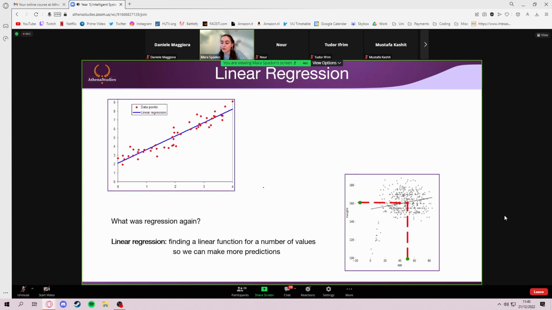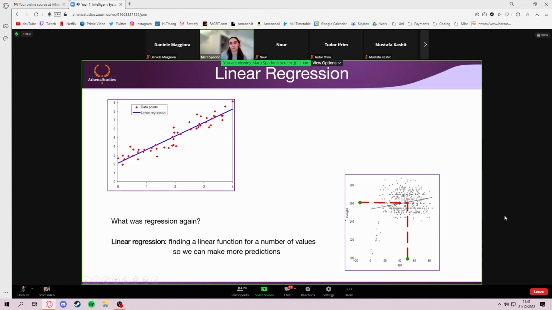Okay, so let's move on to regression. So it says here, do you remember what regression was? Well, we already saw it before. We have some data points and it tries to fit the line to the data as best as possible so we can make some predictions. So here you have height and age, for example, and we have all of these data points collected. It tries to fit a line as best as possible such that if I ask, okay, if I'm 45, what is my height?